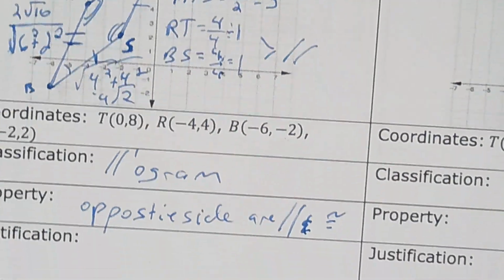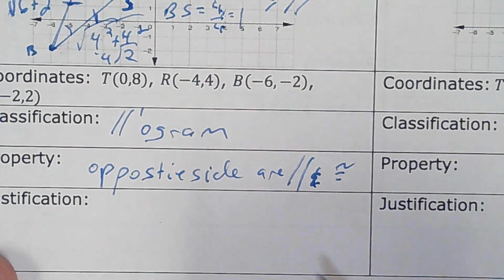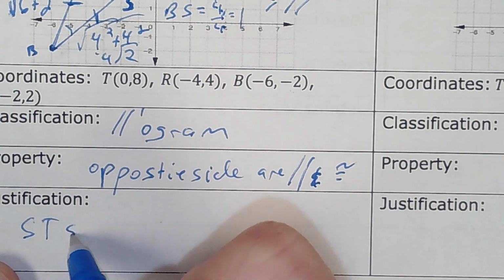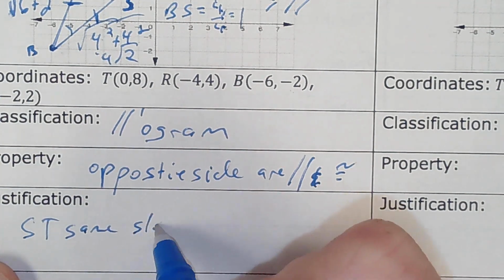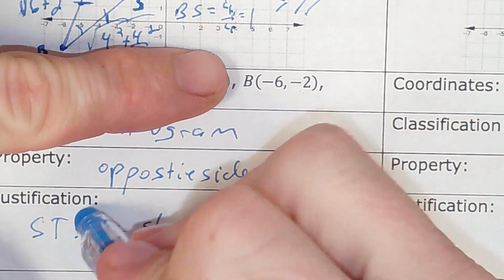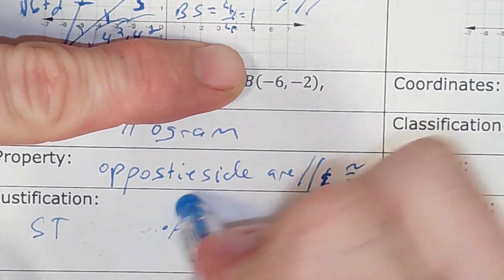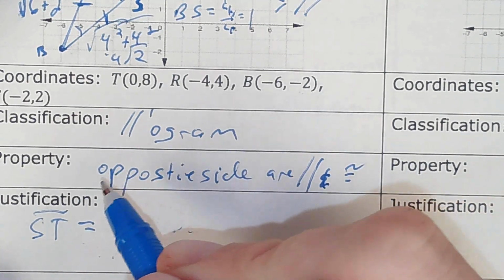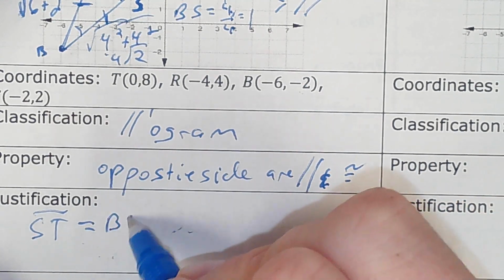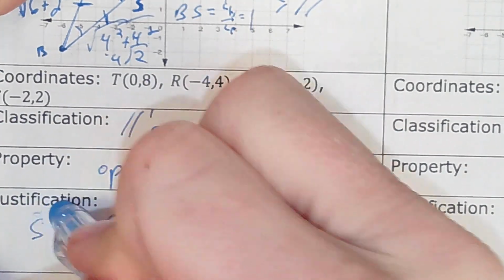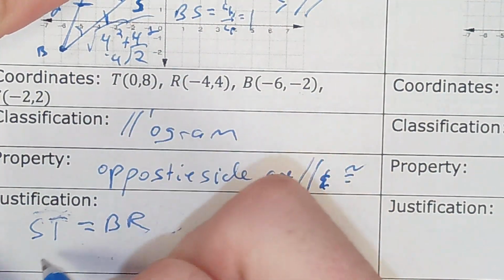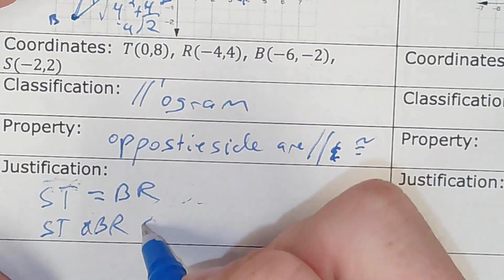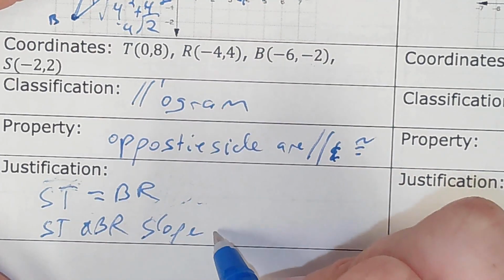Okay. So I can say ST, same slope. I'll just say ST is equal to BR. Actually, that's going to be no. ST and BR slope equal.